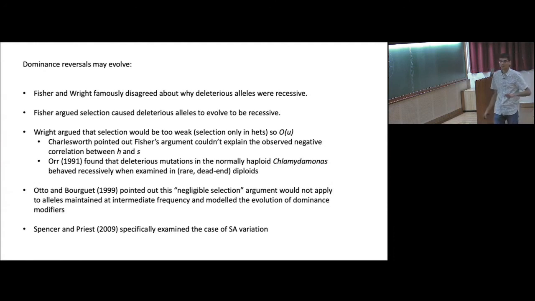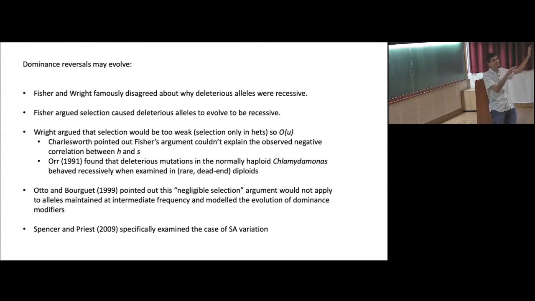And maybe the most convincing piece of evidence was that Orr in '91 did a survey of mutations known from Chlamydomonas, this unicellular organism that lives normally as a haploid. So there should be no selection on dominance of those kinds of things because the thing only exists as haploids. However, under some conditions, it makes diploids, which are dead ends.